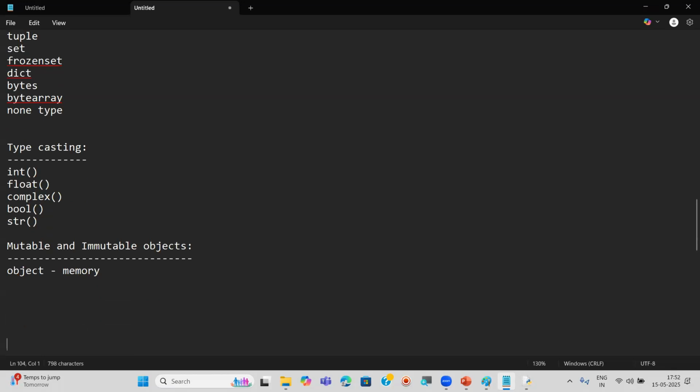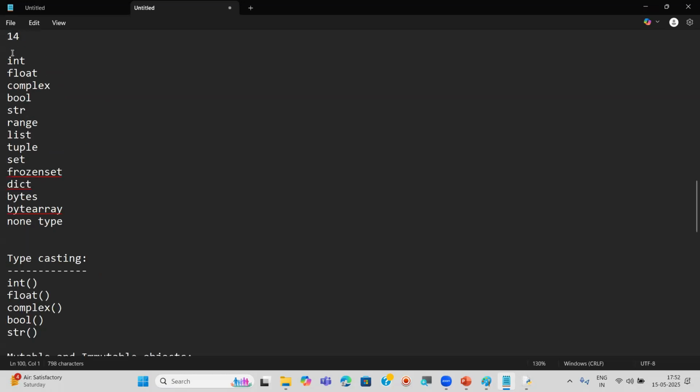See, in Python, we have different types of objects. Internally, all these data types are also objects only. But first, int, float, complex, bool are single element objects.